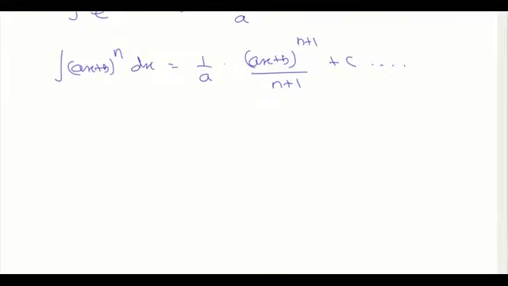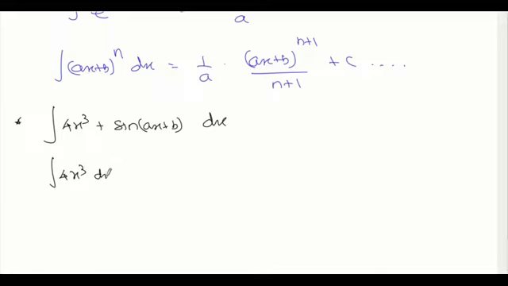We will do some sums on this basis. For the sum, the integral of 4x cube plus sin of ax plus b dx. We can apply it as the integral of 4x cube dx plus the integral of sin of ax plus b dx. So it is 4 out; the integral of x cube will be what? It is x power 4 by 4 plus c.